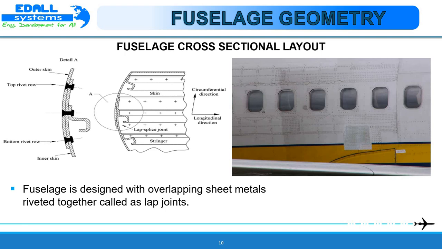In order to connect the skin and the frames, 2 different solutions can be applied. One of these, addressed as shear tied frames, involves attaching the frame directly to the skin with shear straps. Another possibility is to connect the frames only to the stringers by means of stringer clips. The fuselage is designed with overlapping sheet metals riveted together, called lap joints.